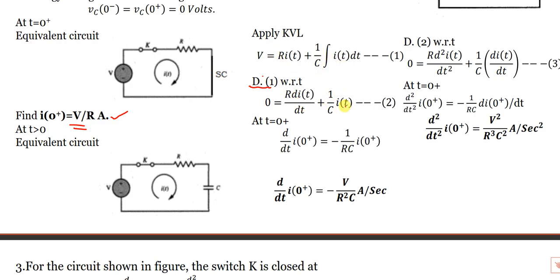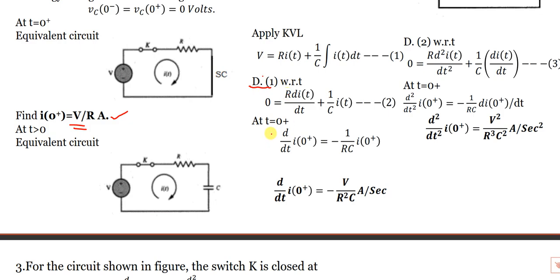differentiation and integration cancel. So we'll get R into di by dt plus 1 by C into I of t, at t is equal to 0 plus. Now if you bring this 1 by C to the right side, it becomes minus 1 by C I of 0, and this R also you have to divide.